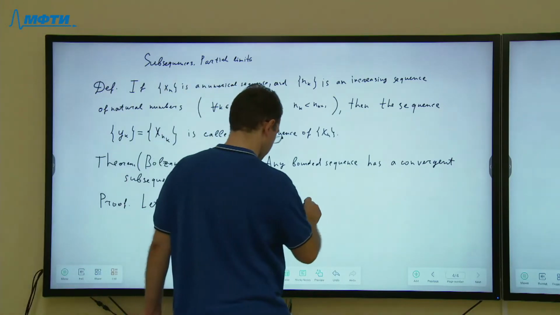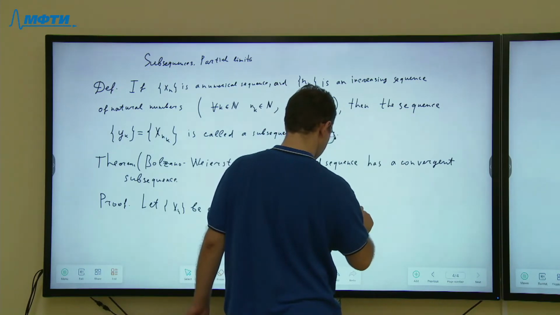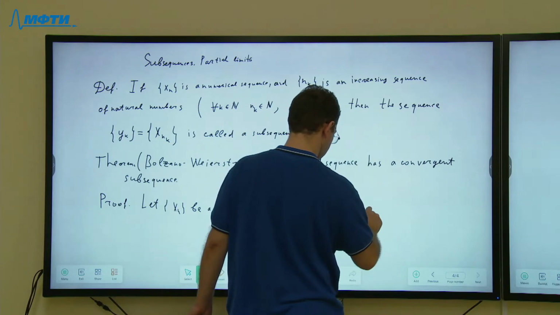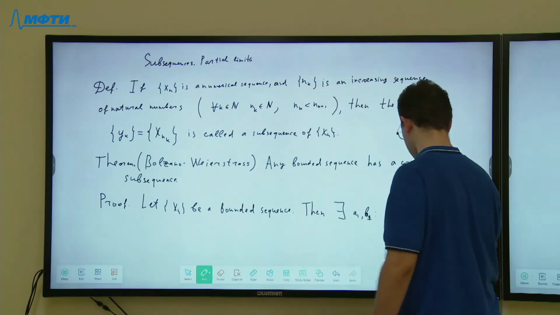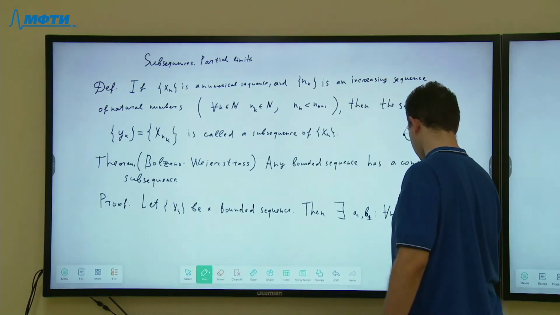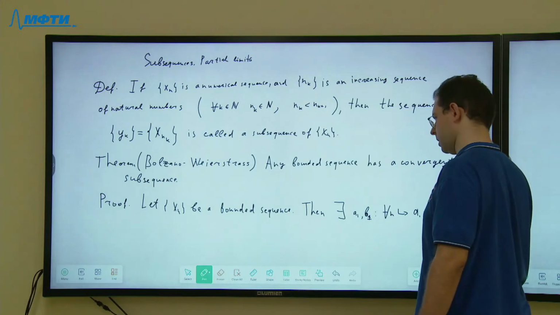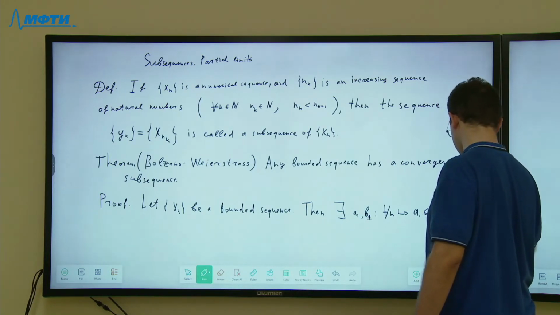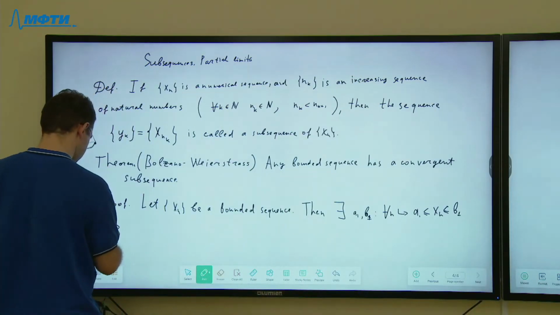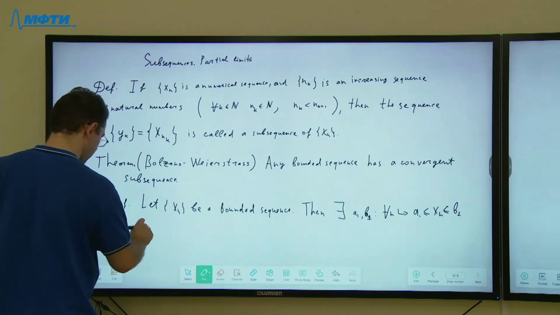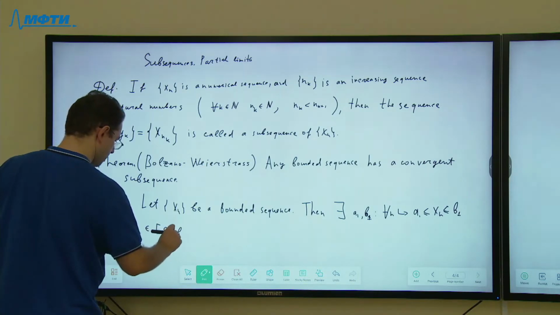Basically it means then there exist numbers a1 and b1 such that for any n it follows that a1 is less or equal than x_n, less or equal than b1, which is the same as to say that x_n lies inside a closed interval [a1, b1].